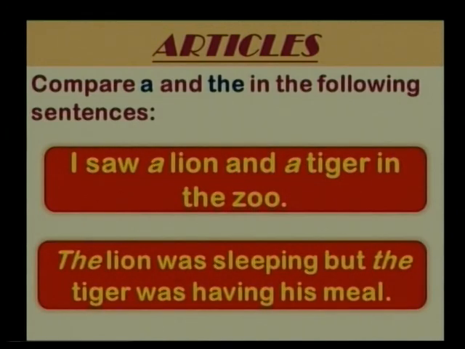The lion was sleeping but the tiger was having his meal. Now you know which lion and which tiger I am talking about, the ones I saw in the zoo. So in the second sentence I have used the article the. All right. Let's come to the next slide.